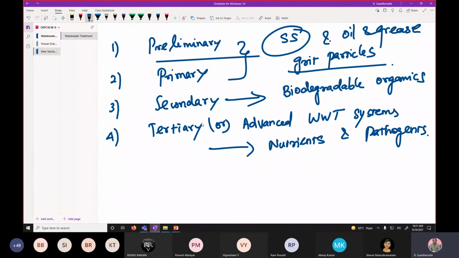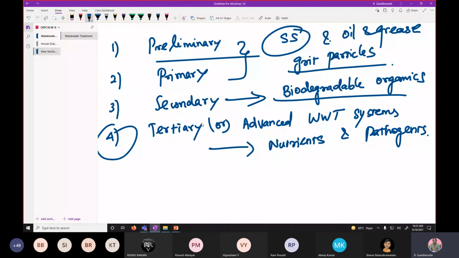They will go only with the preliminary, primary, and secondary treatment systems, concentrating mainly on the removal of biodegradable organics. Therefore, it depends on the purpose, whether they want to discharge into nearby water bodies, or use it for flushing, toilet operations, or irrigation, in which case they will adopt the tertiary advanced wastewater treatment systems. As of now, all the corporations or municipalities discharge their treated effluents into nearby water bodies.